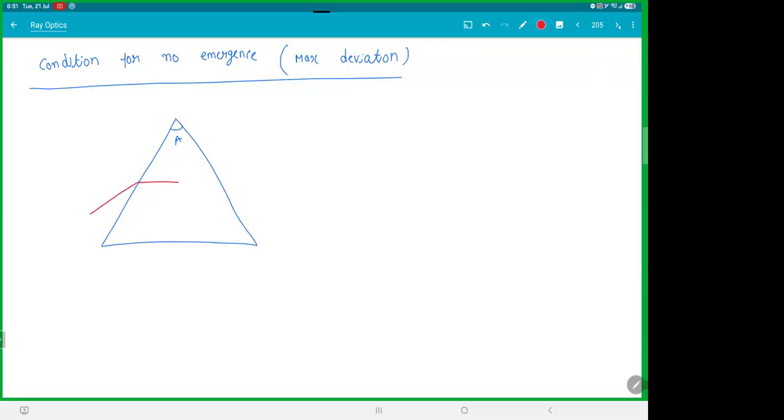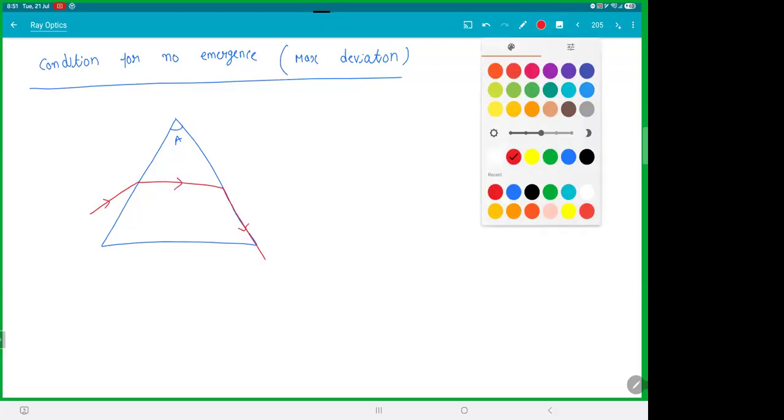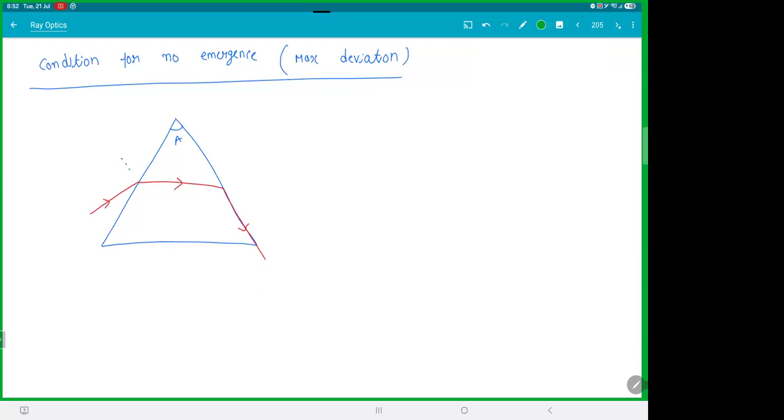You're entering, you're hitting, and you become parallel. So E becomes 90 degrees. This becomes theta critical, this becomes R1, and this becomes I. So basically, your R2 is theta critical.